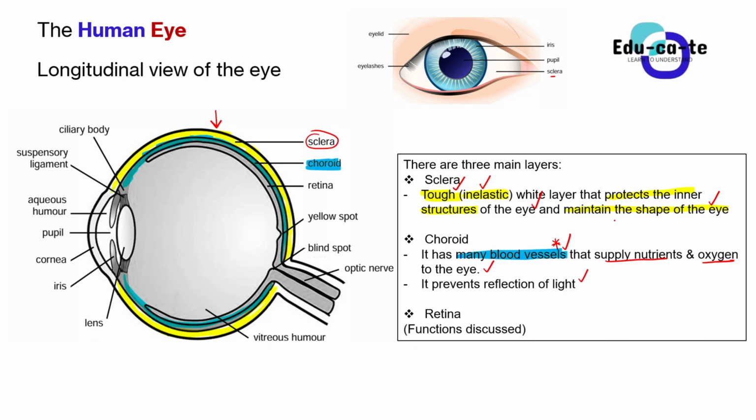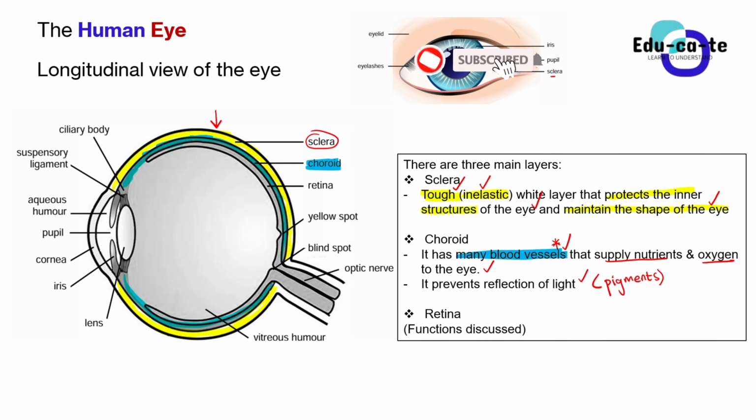The choroid has got pigments. The adaptation that enables it to prevent reflection of light is these pigments, and they actually absorb excess light rays.